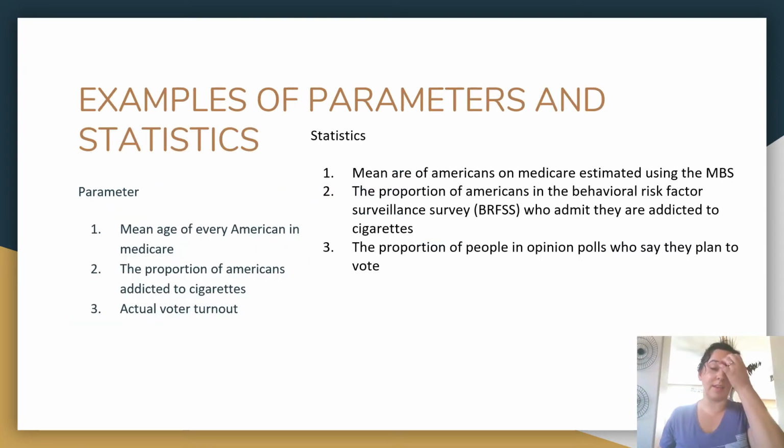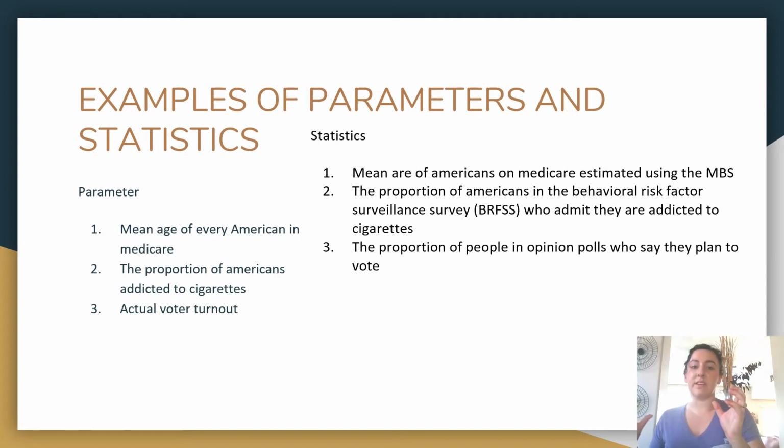Okay, so here are some examples of parameter versus statistics. Remember, the parameters describe the total population, and the statistics describe a sample of that population. You can look at these examples yourself, but we'll look at the last one together. Number 3, actual voter turnout. This would be a parameter because it's talking about the entire American population who voted, gathering data from all of the people who voted.